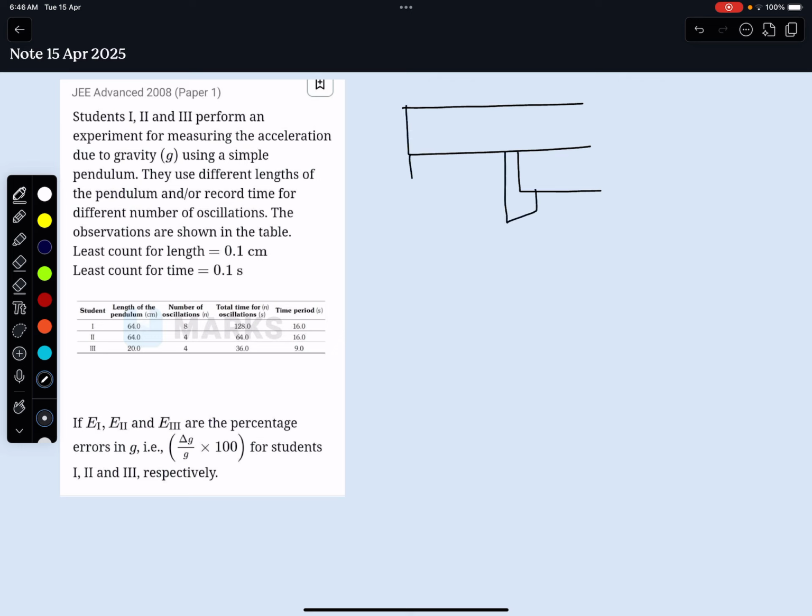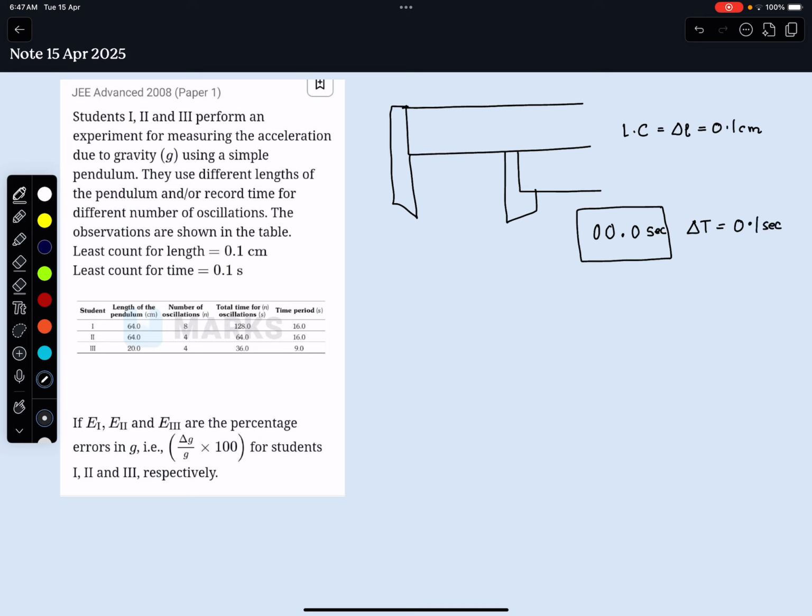So this vernier caliper has a least count, which is equal to the least count error delta L, 0.1 centimeter, and least count for time, that means they use a stopwatch for time. So the least count for time, that is delta T, is equal to 0.1 second.